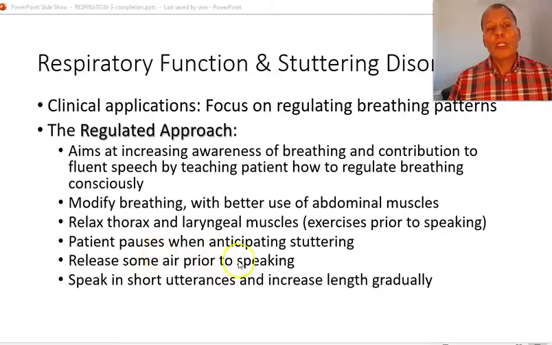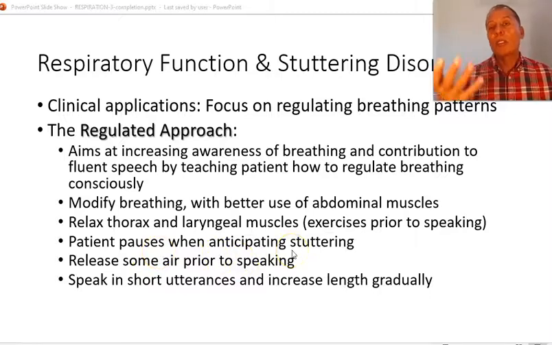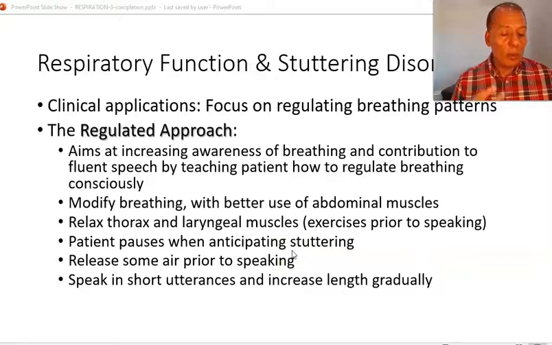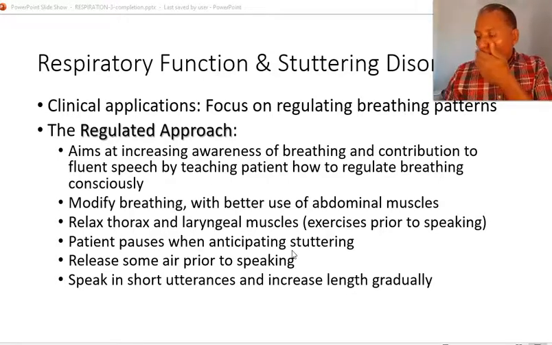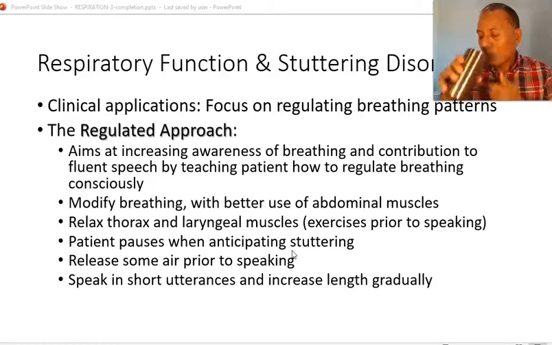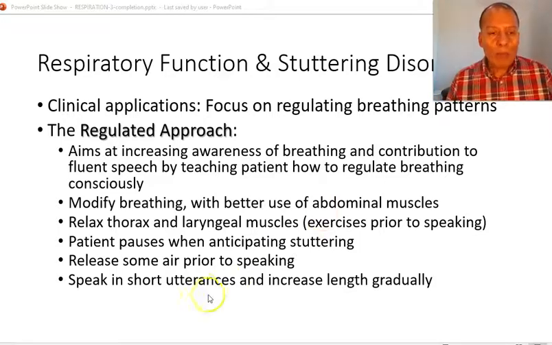Teaching the patient how to pause when anticipating stuttering. There are certain words people who stutter will know. They start a sentence and immediately say, "Oh, that word is coming and I know I'm going to have trouble at that word." They teach them to pause, and then continue speaking.